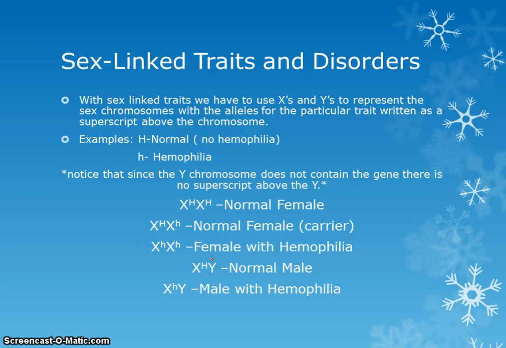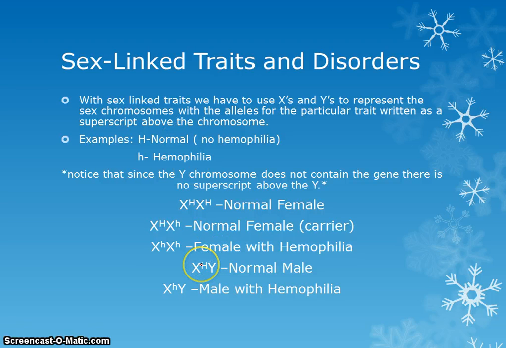Now, this normal guy down here, he's an XY, so this is a boy. This is where you've got a 50% chance of the male having it and a 50% chance of the male not having it. Because this male only has one X chromosome, if they end up with a capital H, that automatically means they're normal.